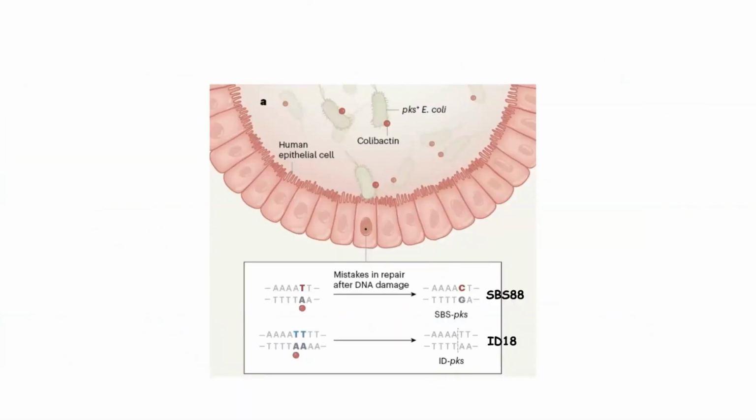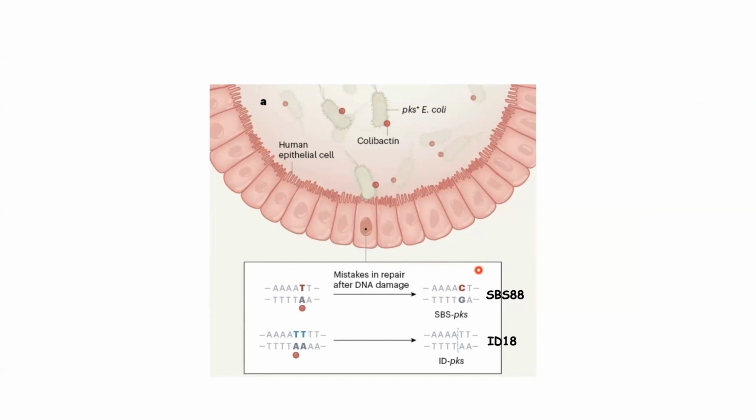Okay, so let's revise this for a moment. I told you that the proof that the PKS is damaging DNA and producing a mutational signature came from this PKS E. coli infection in organoids, which is intestinal epithelial cell culture in vitro.